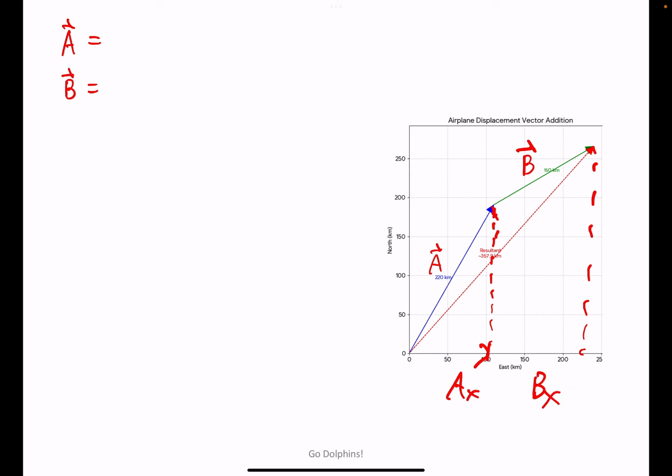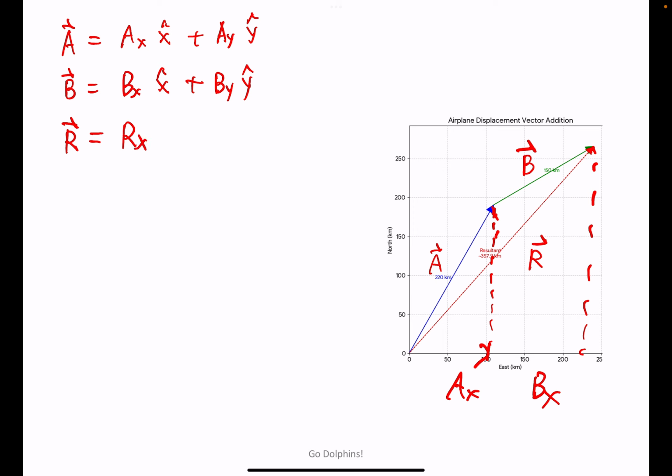So we will call the red R. Let's see, A has X component in the X direction and Y component in the Y direction. B has X component in the X direction, Y component in the Y direction. So R has Rx in X direction and Ry in Y direction.